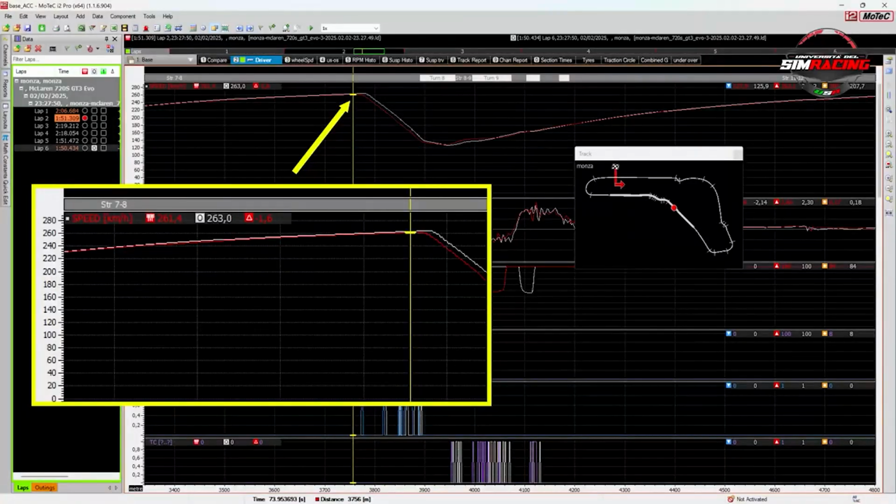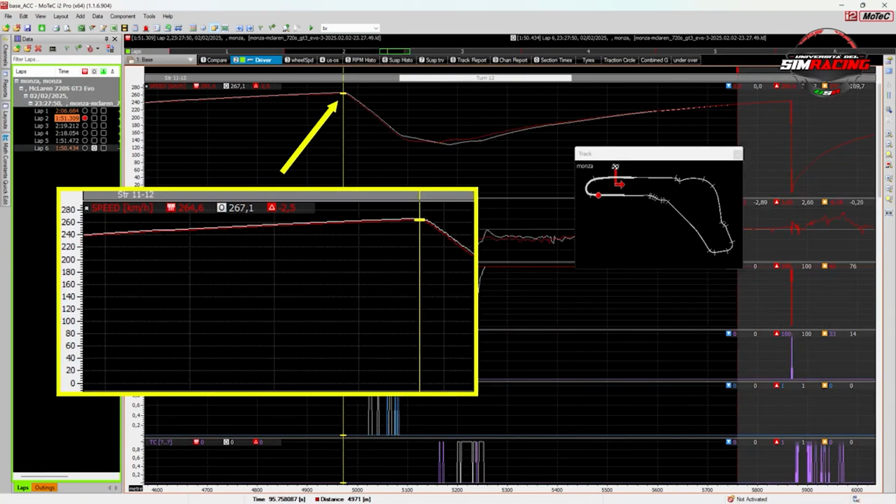Approaching Ascari, the difference shrinks to 1.6 kilometers per hour. But by the time we reach Parabolica, the gap widens again, with the high-pressure setup being 2.5 kilometers per hour faster.